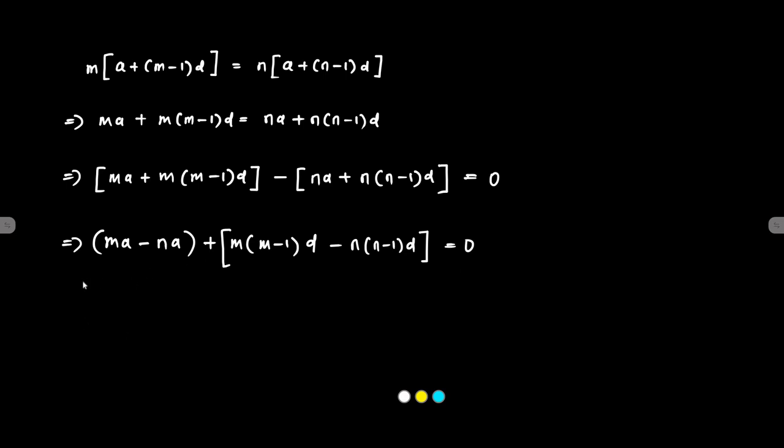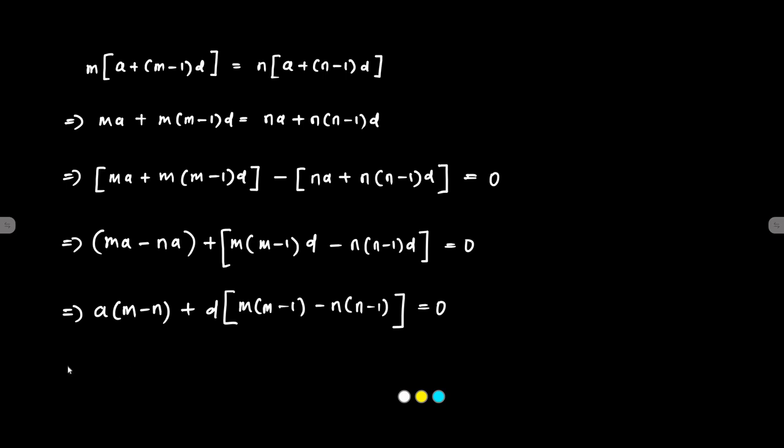Now here we take A common, m minus n, plus D common, m into m minus 1 minus n into n minus 1, that is equal to 0.